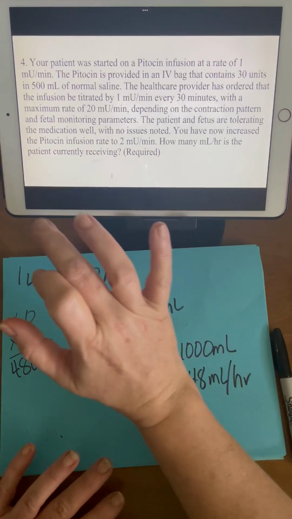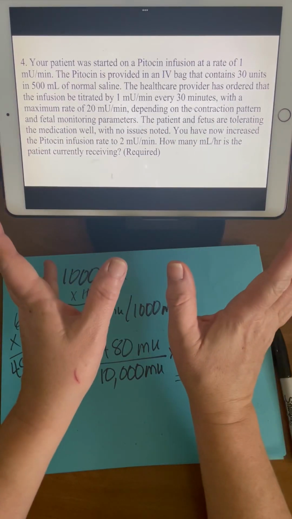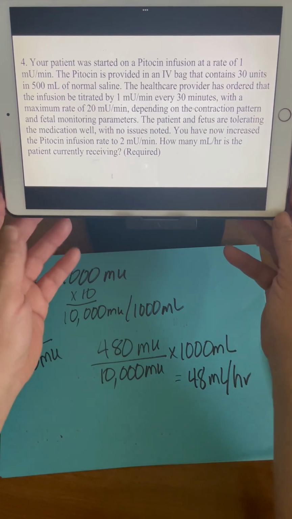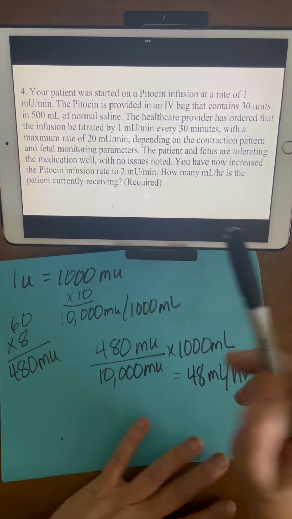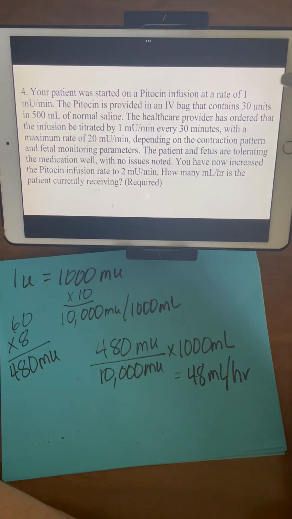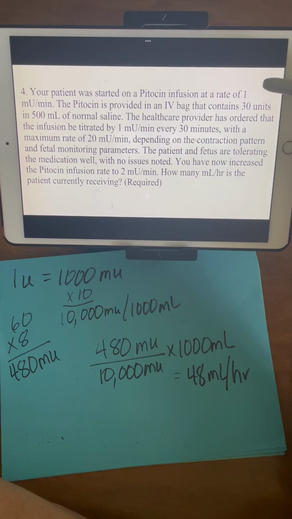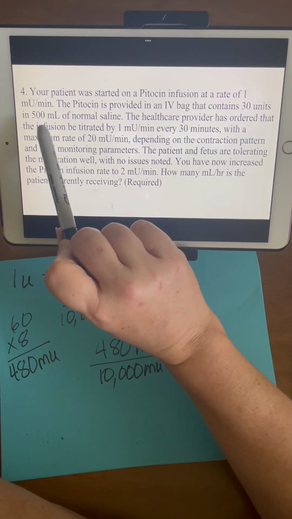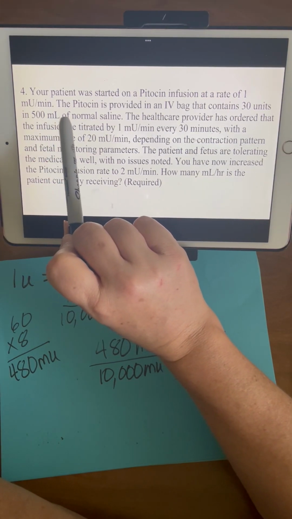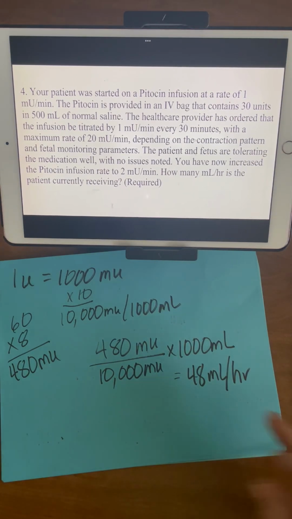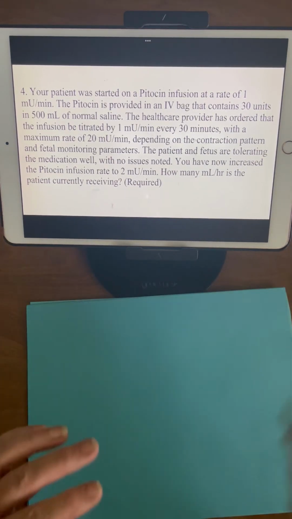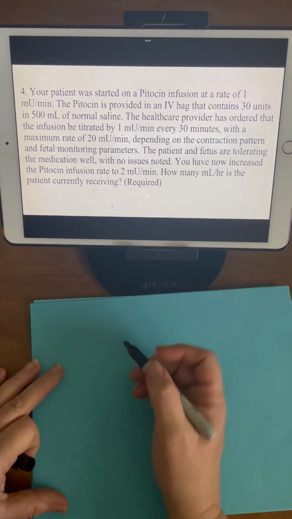Let's do this next one. Now look, I know, just calm down, because there's a lot of fluff in this one. It said your patient was started on Pitocin infusion at a rate of 1 milliunit per minute. The Pitocin is provided in a bag of 30 units in 500 milliliters.